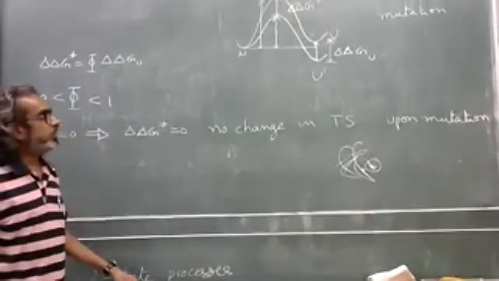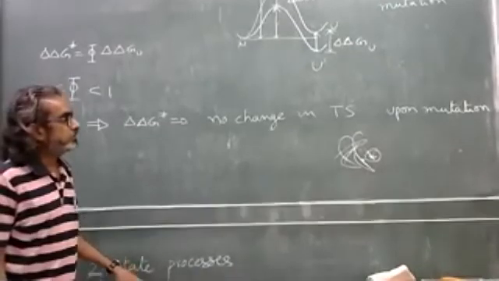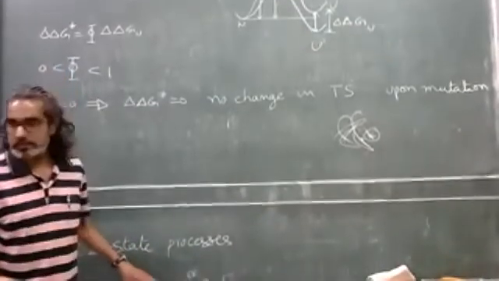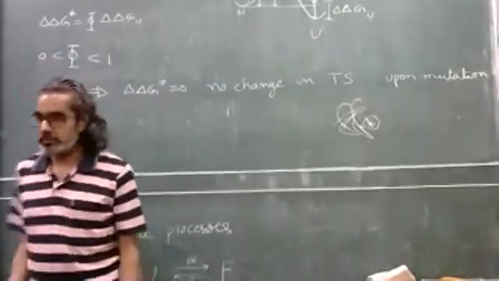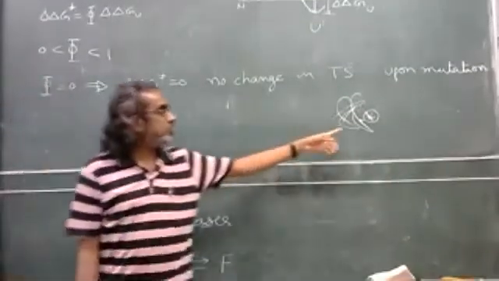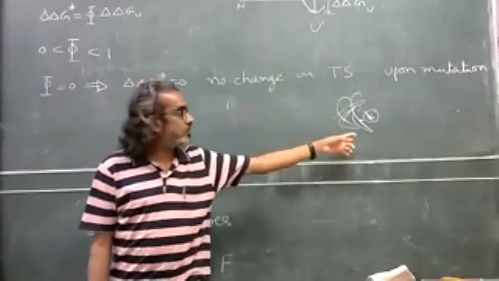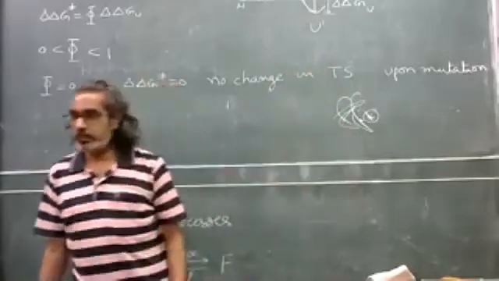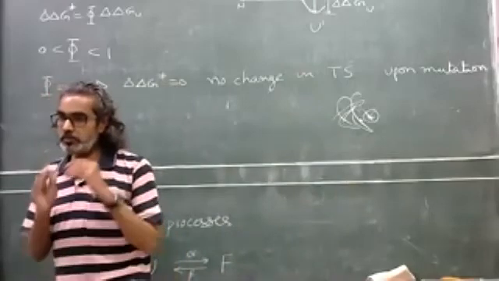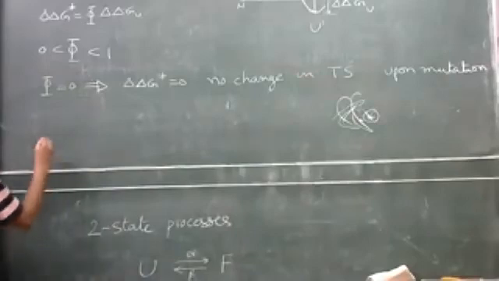It is far away from the transition state, and its structure is the same as in the native state. But of course, it is exposed in the denatured state. So this residue has a bearing only on the unfolded state, but not on the transition state.